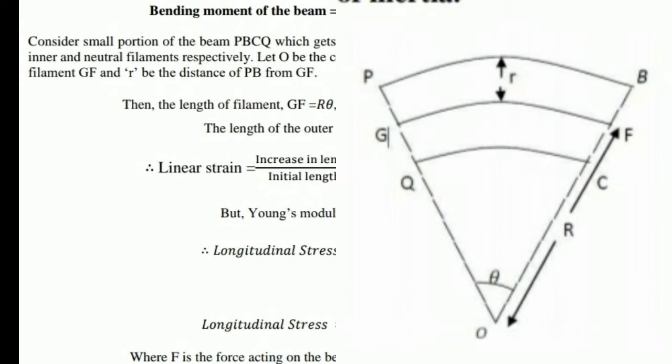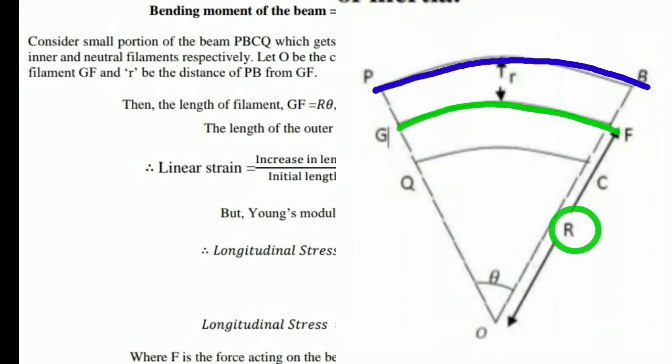We divide three layers PB, QC and GF as the outer, inner and neutral filaments respectively. O is the center and R is the radius of curvature of the arc. GF is the neutral filament, and r is the distance of PB from GF.